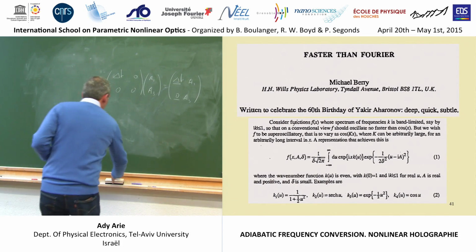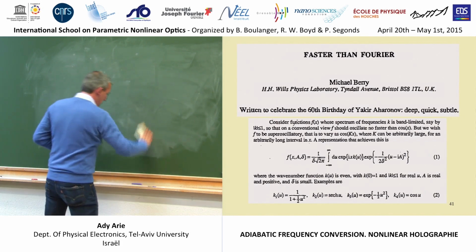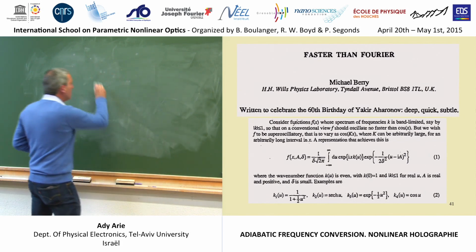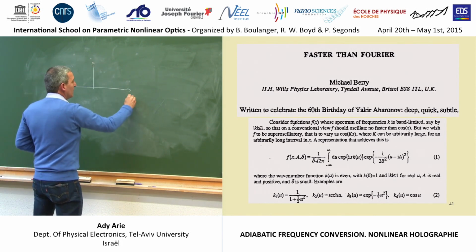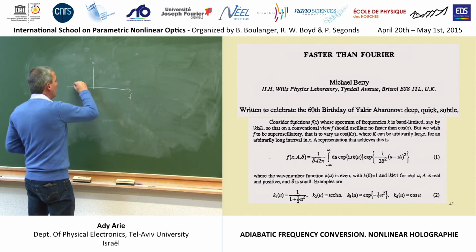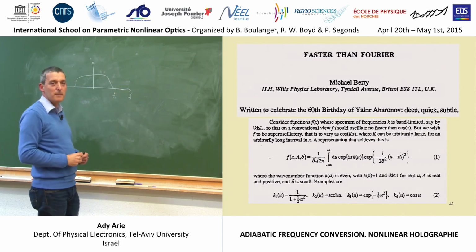So let's assume that we have some function which is band limited. What does it mean it's band limited? Let's say this is a function of f. There is some maximum frequency, f0. Okay?